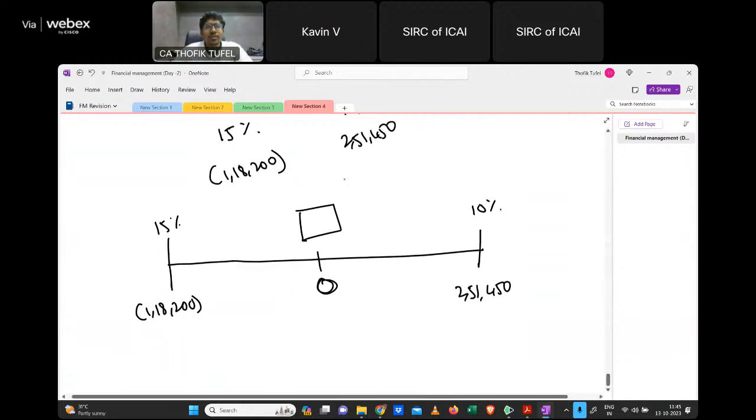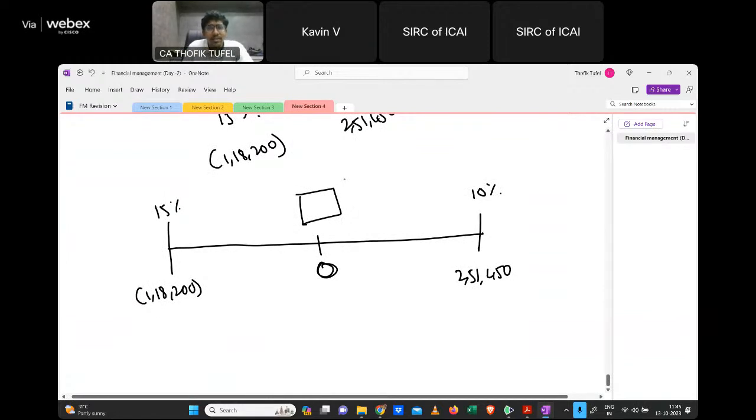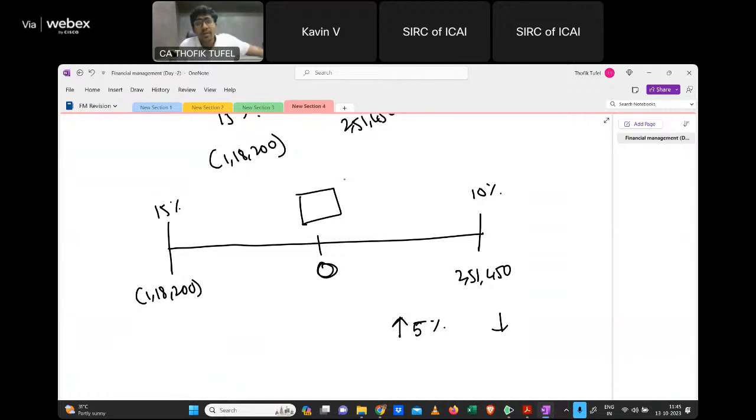Now what I am doing is analyzing my increase. If I increase my rate by 5 percent, how much has my NPV decreased? My NPV has decreased from 2,51,450 to negative 1,18,200. So the reduction is 2,51,450 plus 1,18,200, that is, 2,51,450 minus of minus 1,18,200.